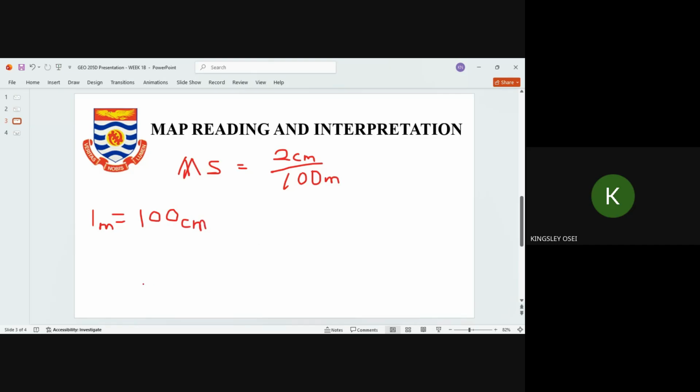So if 1 meter is equal to 100 centimeters, what will be 100 m? 100 meters to be more. So if more or less divide. And here there's a more because the 100 is bigger than the 1. So it becomes 100, which is the more at the top, divided by 1, which is the less, times another 100 coming from here.